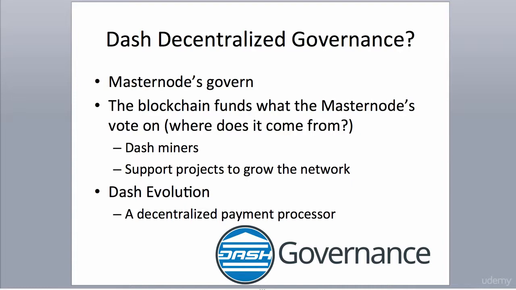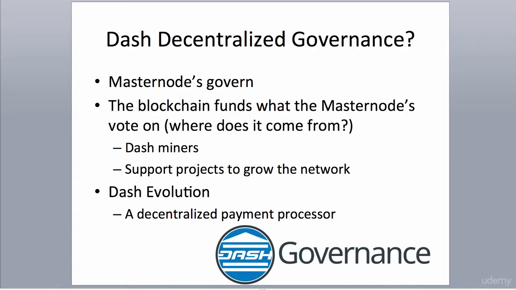You might ask, what are the masternodes voting on? They are usually projects that support the growth of Dash and benefit the whole growth of Dash altogether. And lastly, Dash Evolution, which is a big topic for Dash.